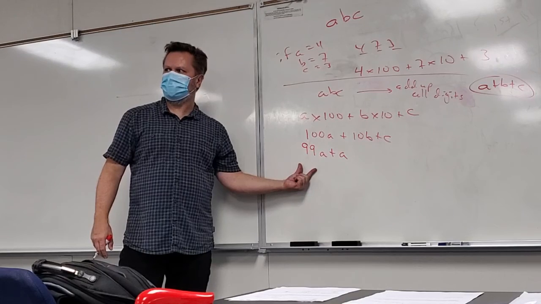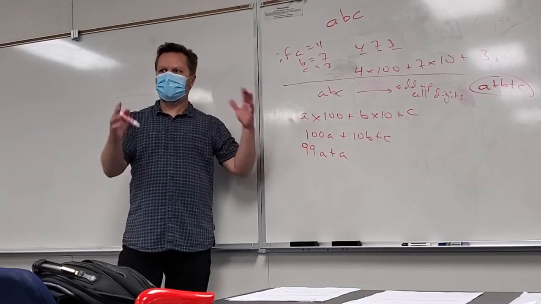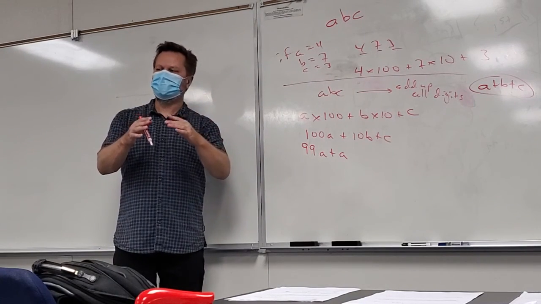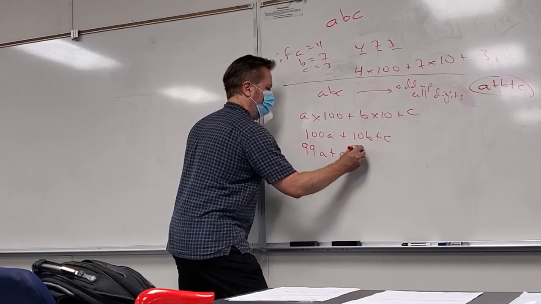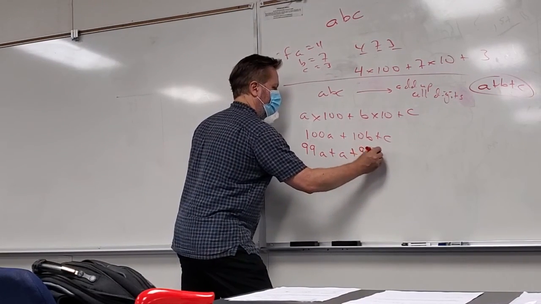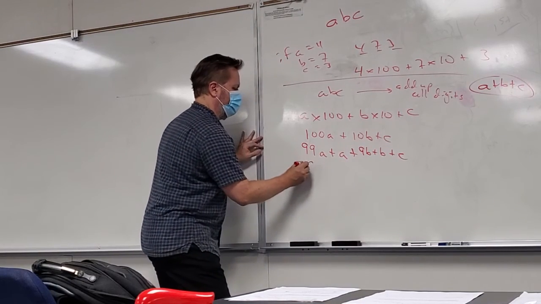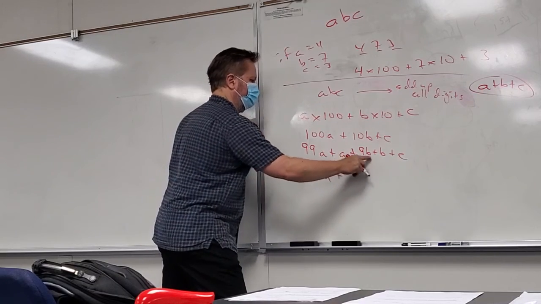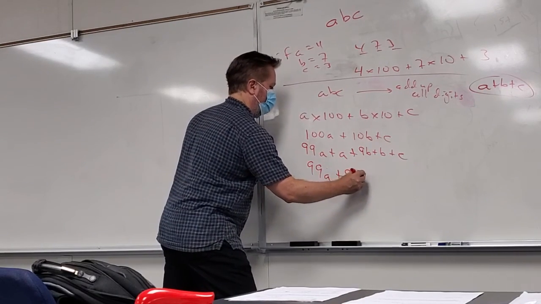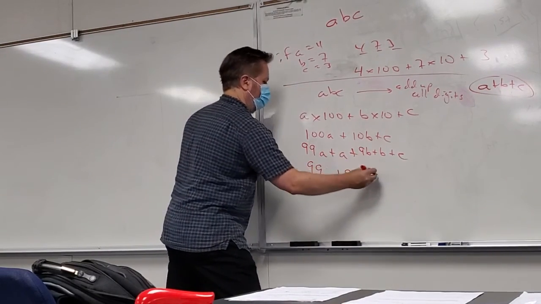Isn't 99 divisible by 9? So it looks like maybe I'm on the right track. And then 10B, guess what I'm going to do with it? 9B plus B. So isn't this 99A plus 9B plus A plus B plus C?